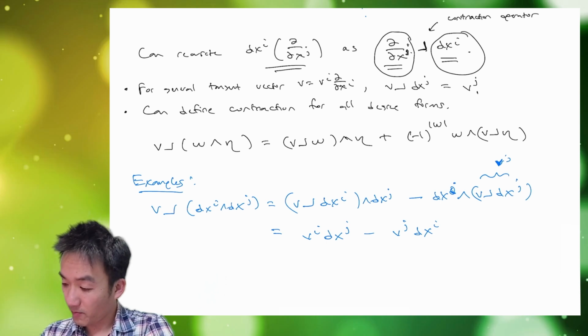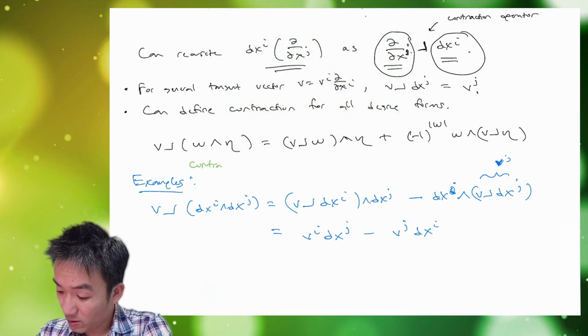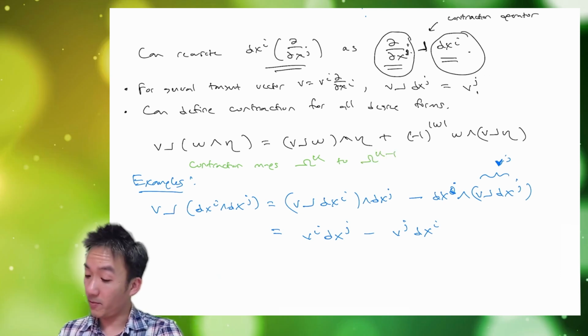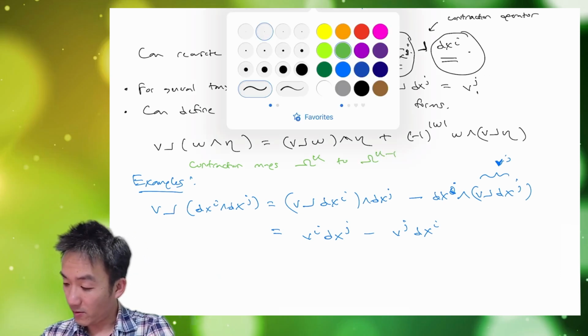So in general, contraction lowers degree. Okay, so contraction maps omega k to omega k minus 1. It lowers the degree. So here, k was 2.